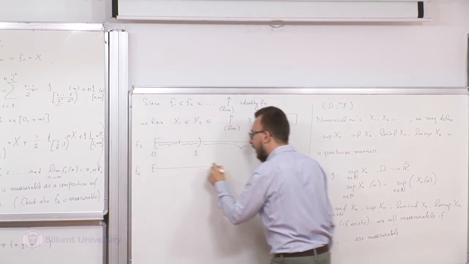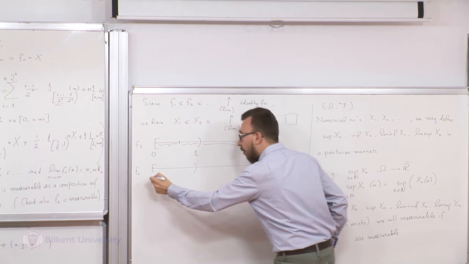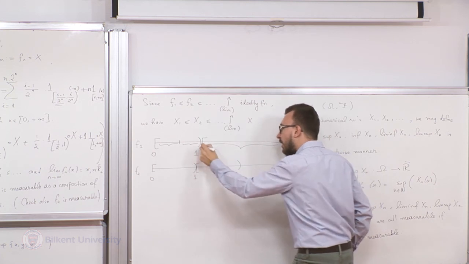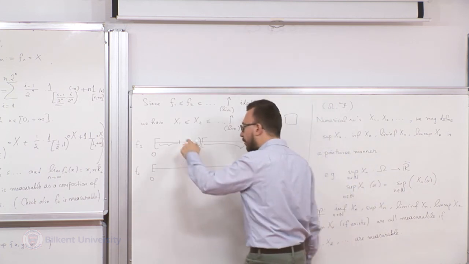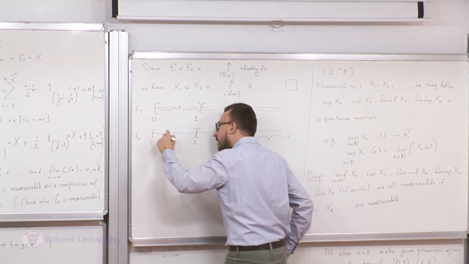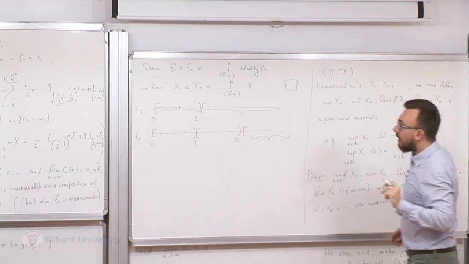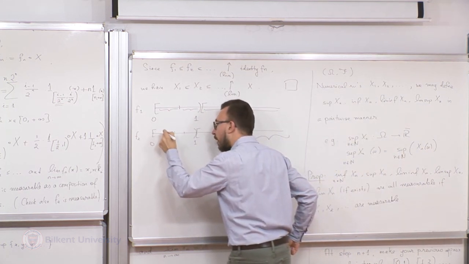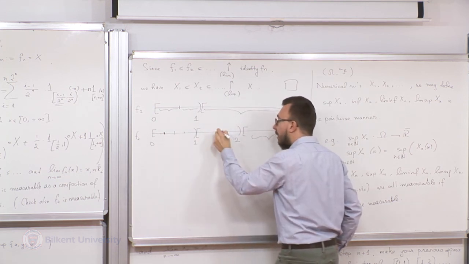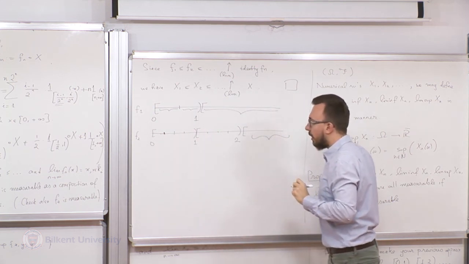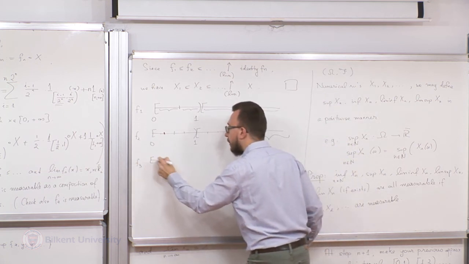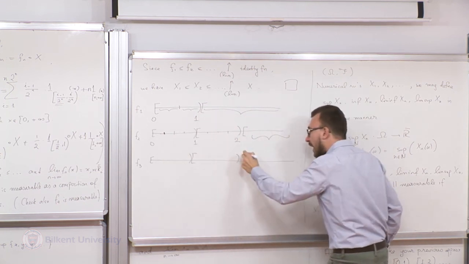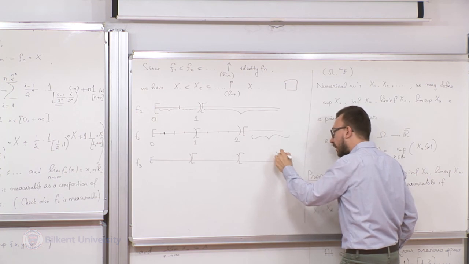For f2, you make it finer over 0, 1, but you also include 1 to 2, and then you ignore the rest. How do you make it finer compared to f1? You halve every interval that appeared in f1. And you do the same here. And in f3, you're going to have even more intervals, more in each interval and one additional big interval.